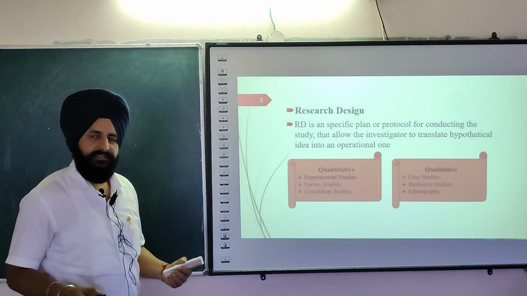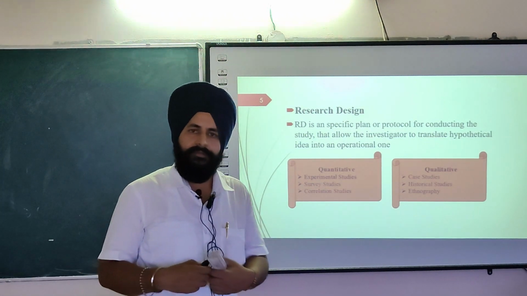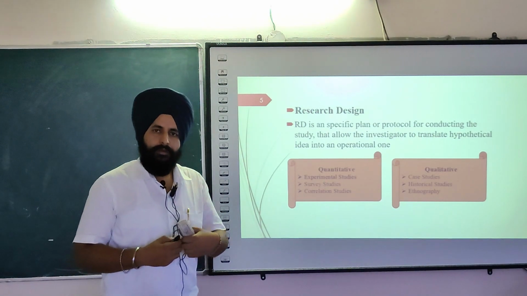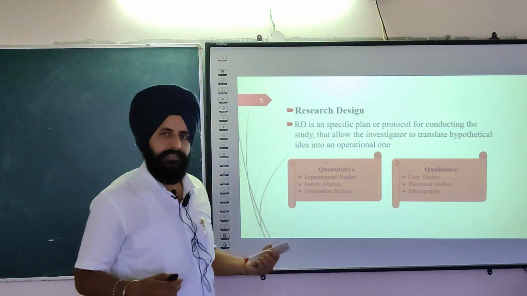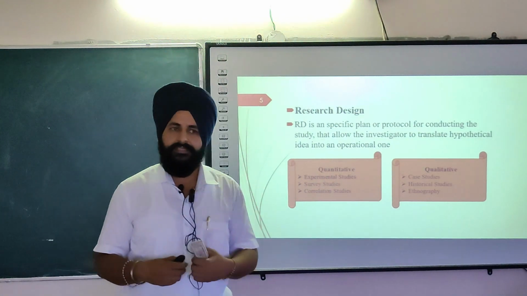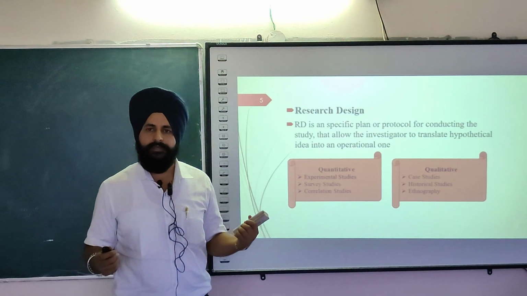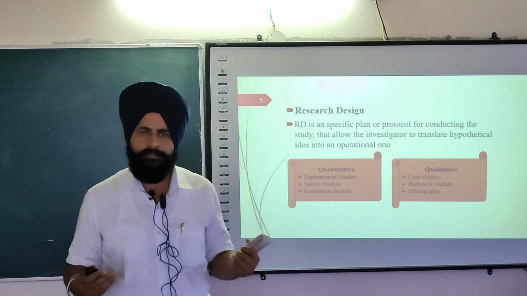An experimental study directly indicates that a researcher wants to perform an experiment on animals, on human beings, or any other type of experiment. Next are survey studies. Suppose you are performing a survey, and you want to confirm the total population of a particular area. This is the simple way you can do a survey.